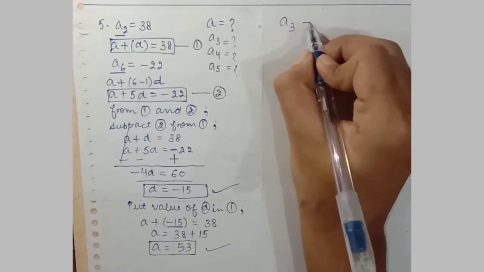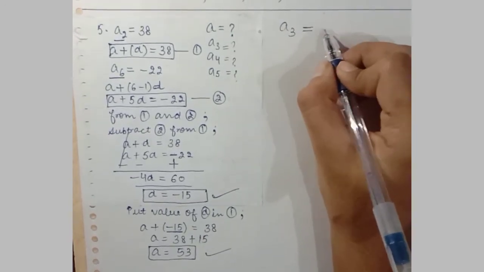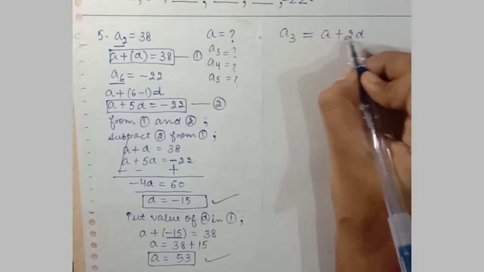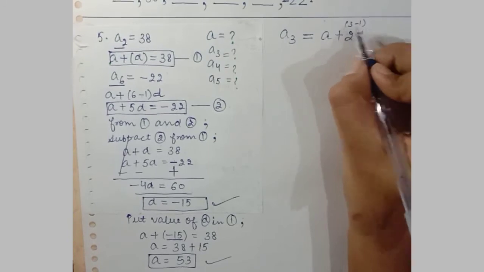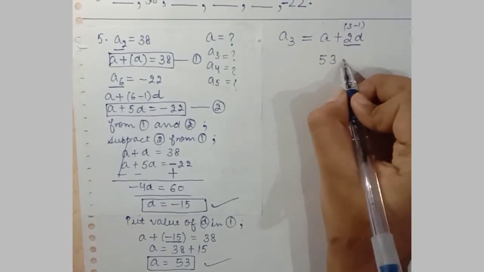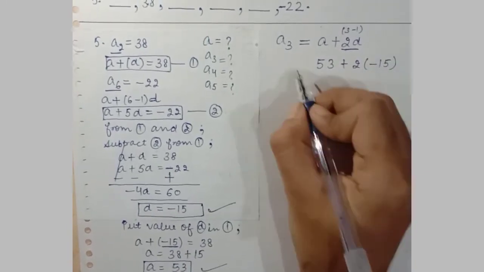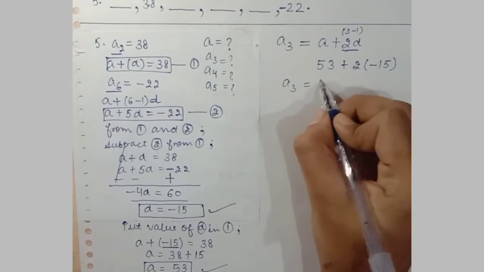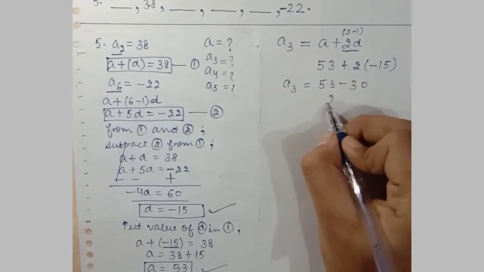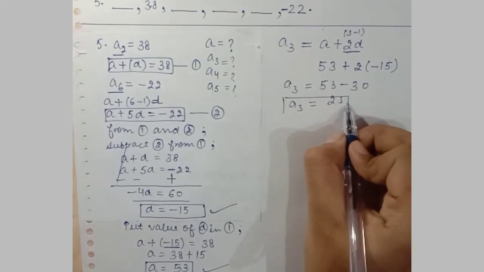Now for the third term, a3, we can write the third term as a plus 2d. 3 minus 1 is 2d. A is 53 plus 2 and d is minus 15. A3 is 53 minus 30. We get the third term is 23.